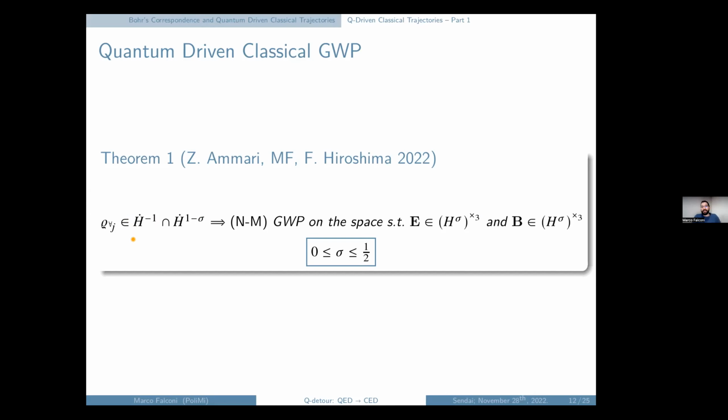Okay, but it's still an improvement because, as I said, if you take charges with this regularity at the classical level, we don't know, apart from our result, how to prove this in another way. We tried using standard PDE and ODE techniques that are used to prove global well-posedness, and they don't work.